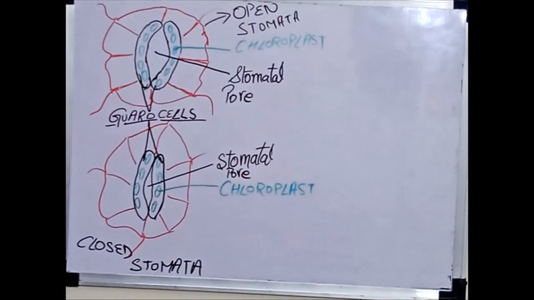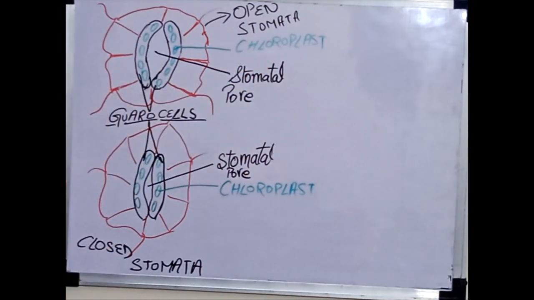So first let us discuss the diagram of stomata, then we'll discuss more in detail. So what is stomata? Stomata is nothing but a small opening, a small pore, an opened pore. Okay? Now the question comes back: why do we need stomata?